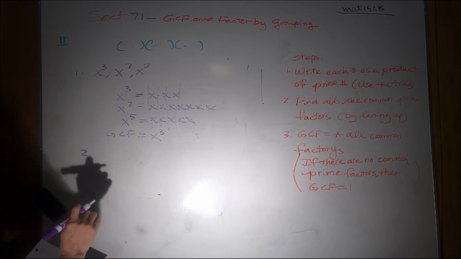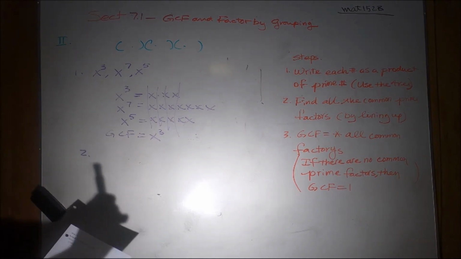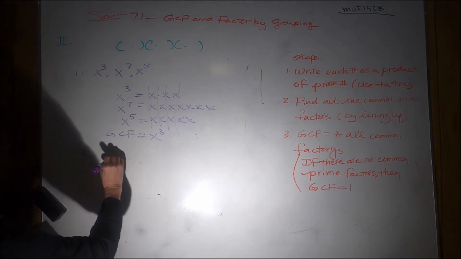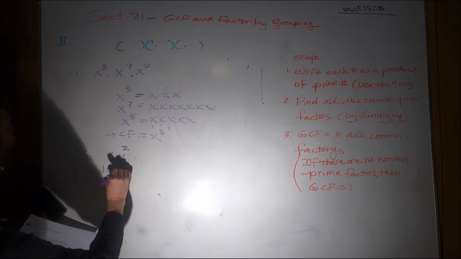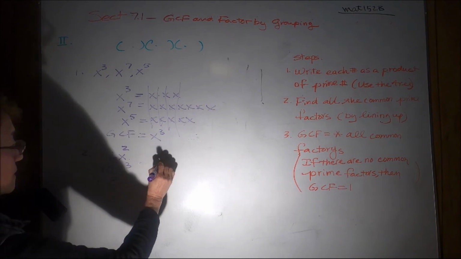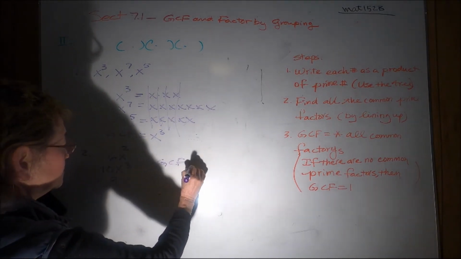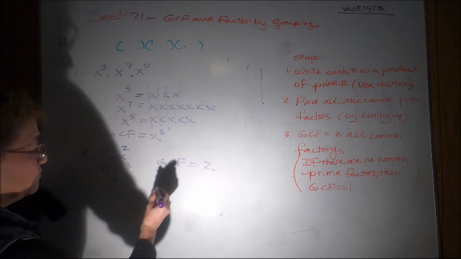So we try to find a GCF for each individual term. They are all monomial, right? So what's your GCF? We do it number with numbers. For 6, 10, and 8, that would be 2.